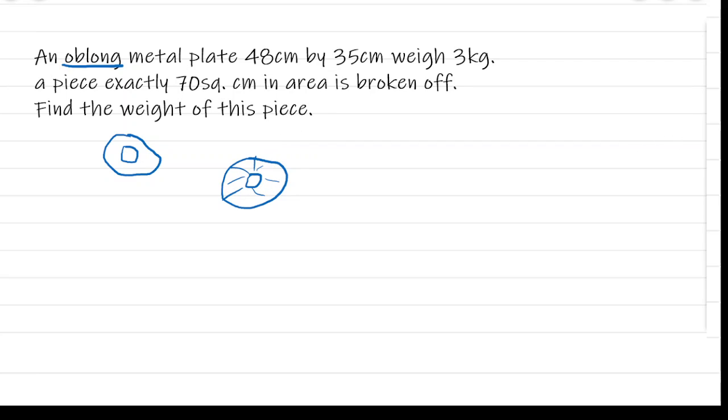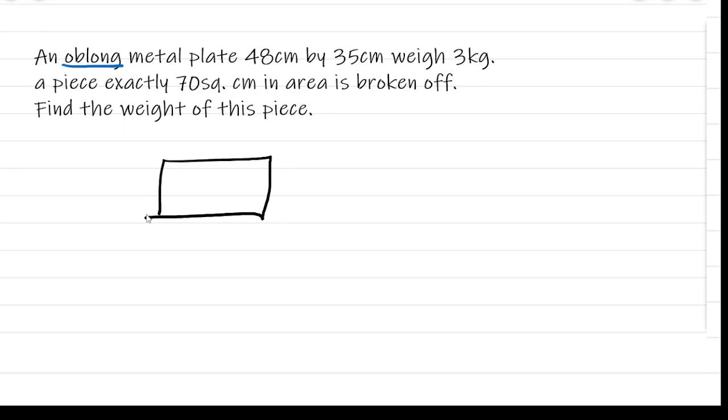But when they say oblong, in any question you are working, it means the shape of the plate is no longer the usual plate. The plate may even be like this, which is our case here, or it may just be like this, a different shape entirely.